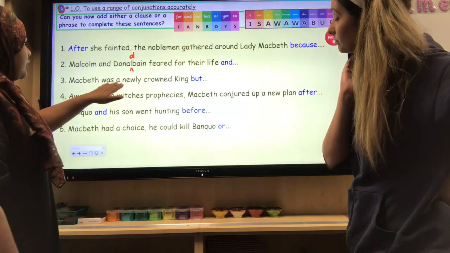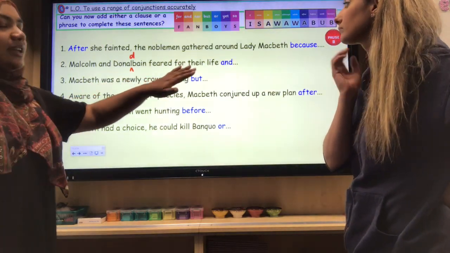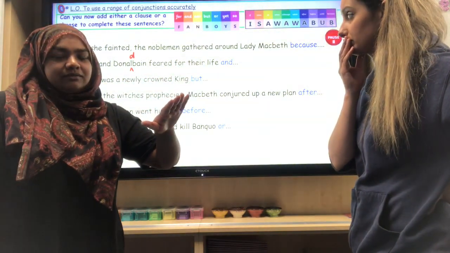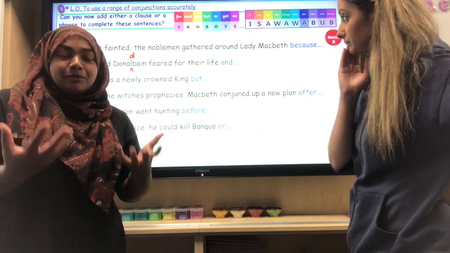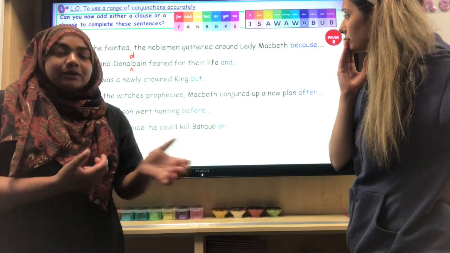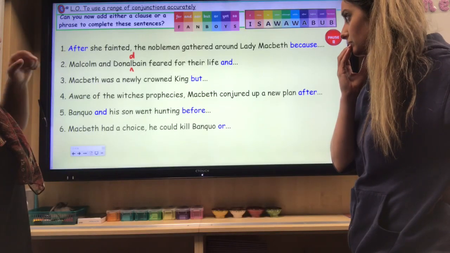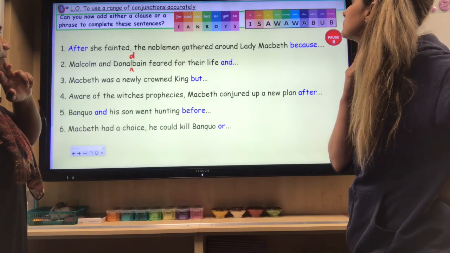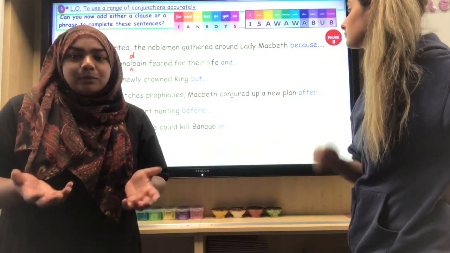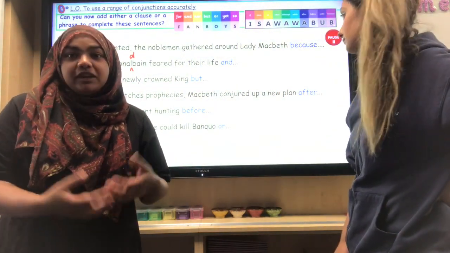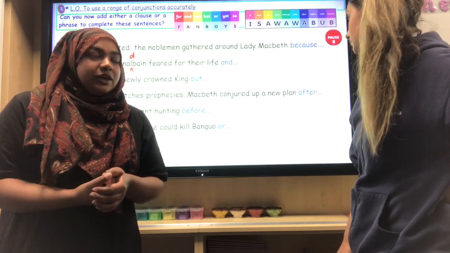So Macbeth was a newly crowned king, but he was filled with guilt. And again, he was filled with guilt because he had committed all these murders and he had sent murderers out to go and get Banquo and his son as well. One more then. So after she fainted, the noblemen gathered around Lady Macbeth because they were concerned about her welfare and they wanted to make sure that she was safe, would be a sensible way to end a sentence.